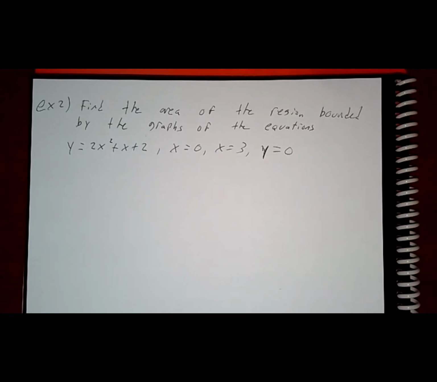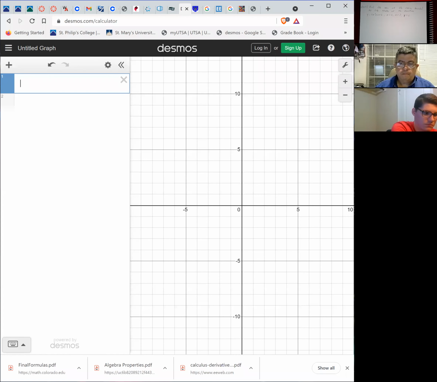Okay, so it really helps to graph this. So let me graph it on an online grapher for you to make it a little easier. So the main one is y equals 2x squared plus x plus 2, right?